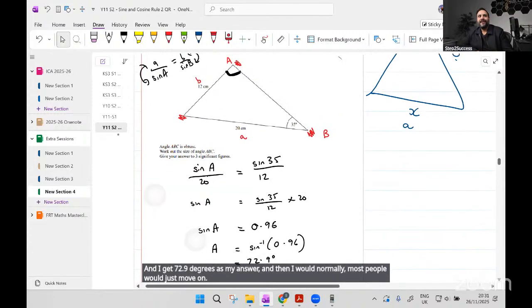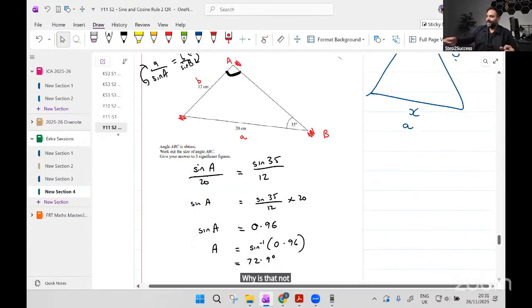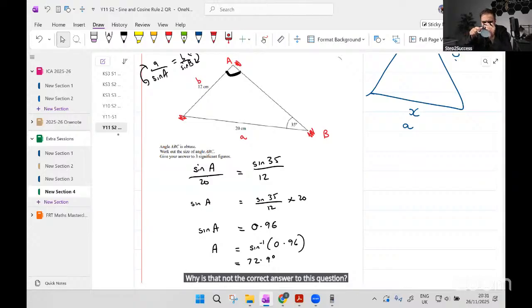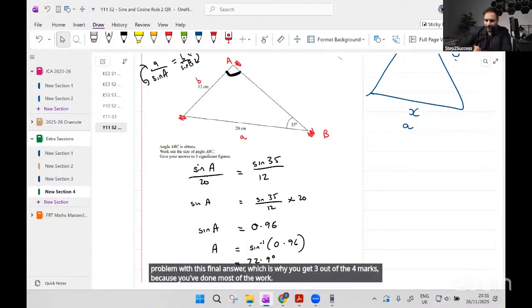Why is that not the correct answer to this question? Just to be clear, that is as much as I would expect you to do at this point. There is just a very niche problem with this final answer, which is why you get 3 out of the 4 marks, because you've done most of the work. Do we know what the problem is with my answer?